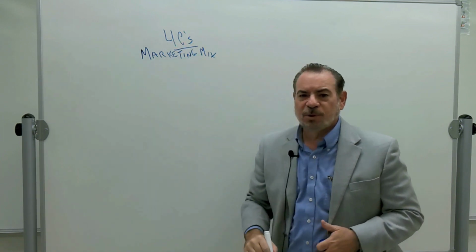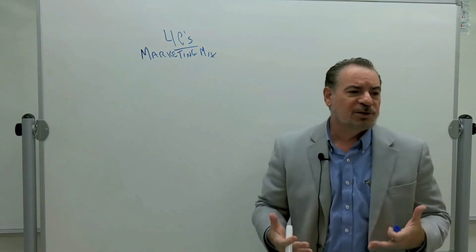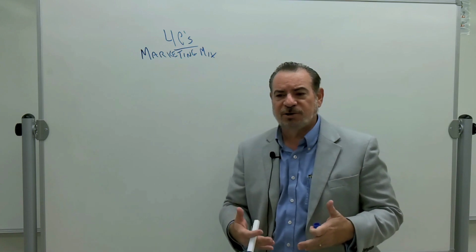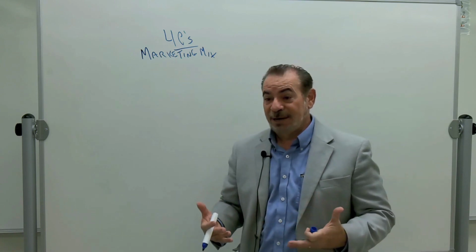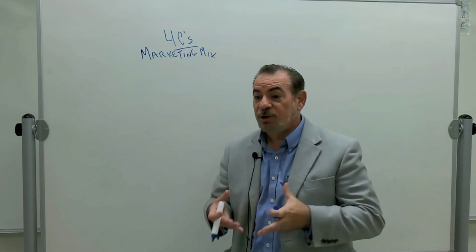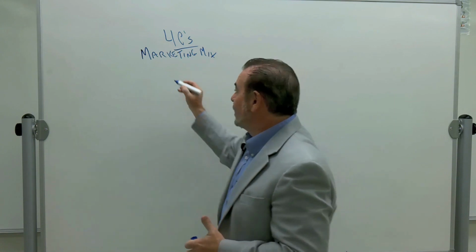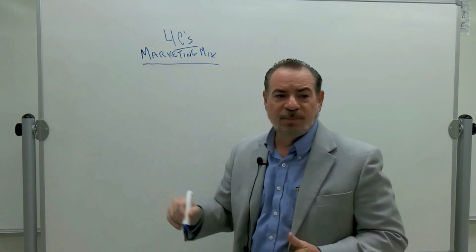So the 4 Ps, what are they? Well, if we want to start a strategy, if we want to start selling something online, if we want to start selling something to anybody, the 4 Ps are what we use to develop that strategy. The first part of that strategy is to understand what your marketing mix is.